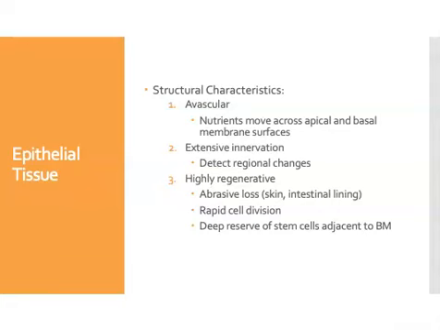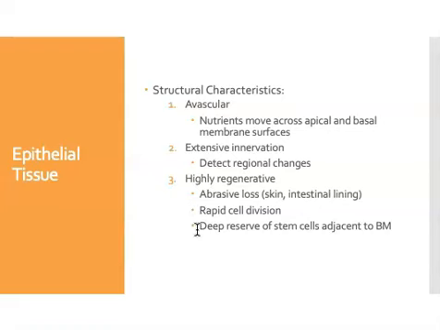So this abrasive loss of epithelial tissue has to be dealt with. Those cells have to be replaced, and they are replaced quite rapidly. In fact, epithelial tissue has one of the fastest rates of cell division in the body. Some of the epithelial linings in your body actually replace themselves once a day.